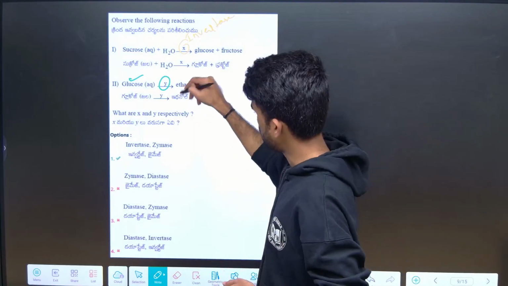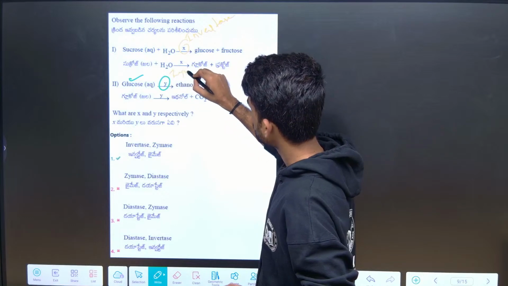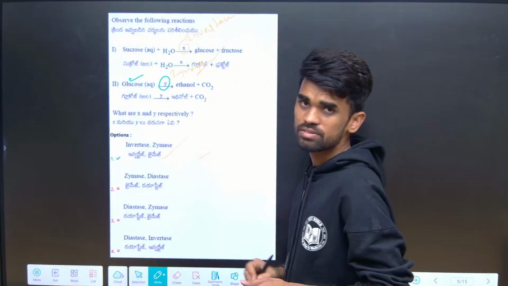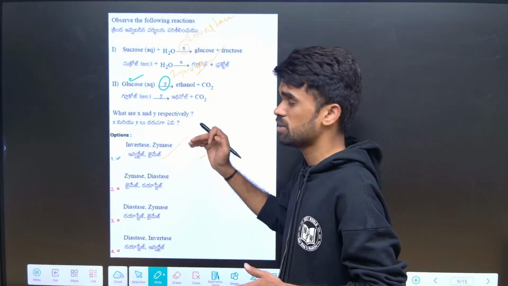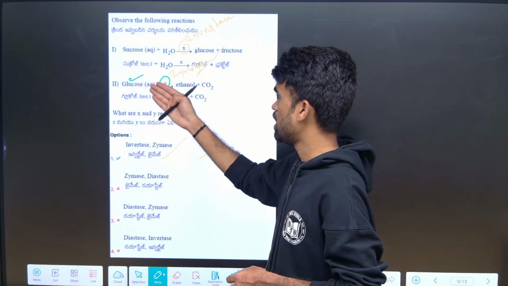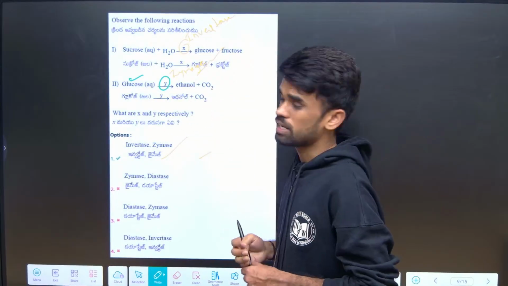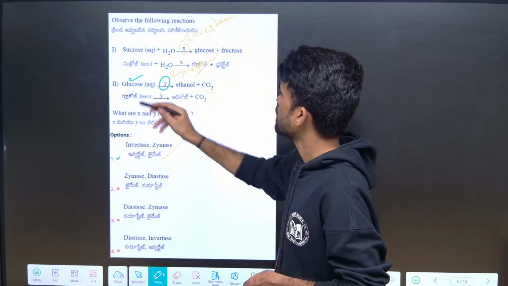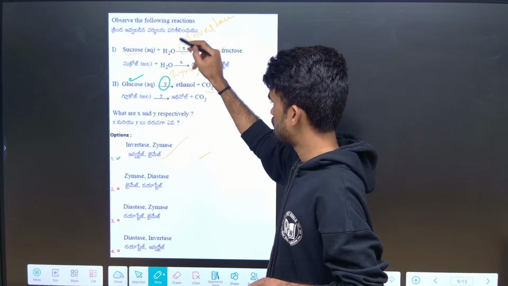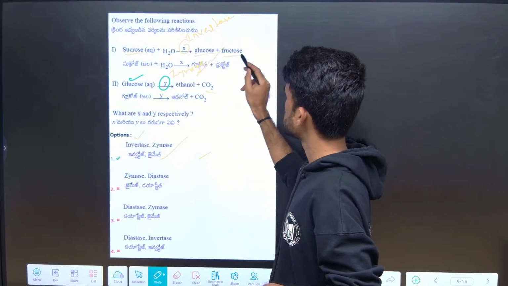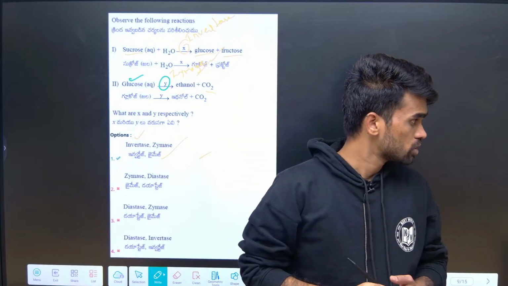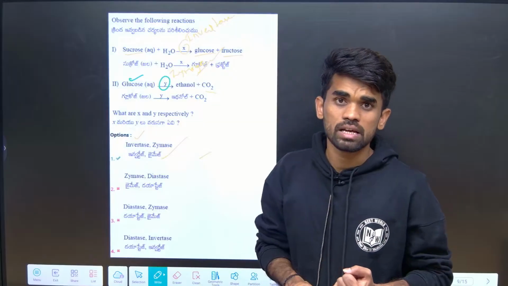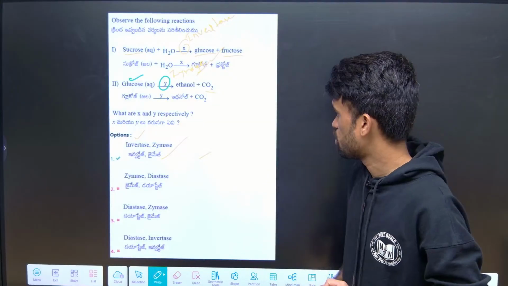And here we will be using zymase. So these are the two catalysts or enzymes we will be using: sucrose with invertase gives glucose plus fructose, and glucose with zymase gives ethanol plus carbon dioxide. I think you will also come across this in biomolecules as well as in your biology topics, right?